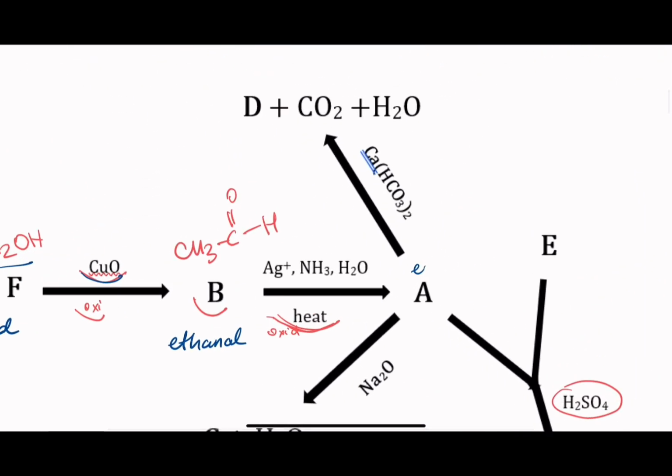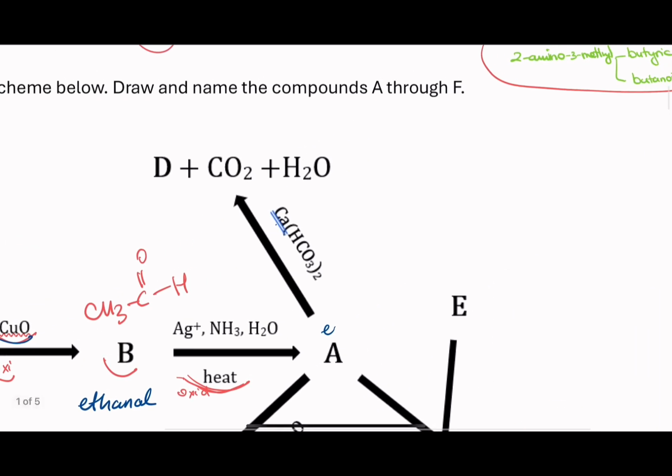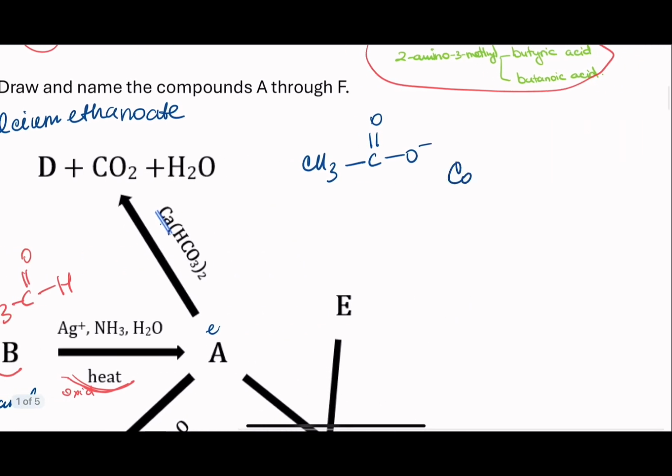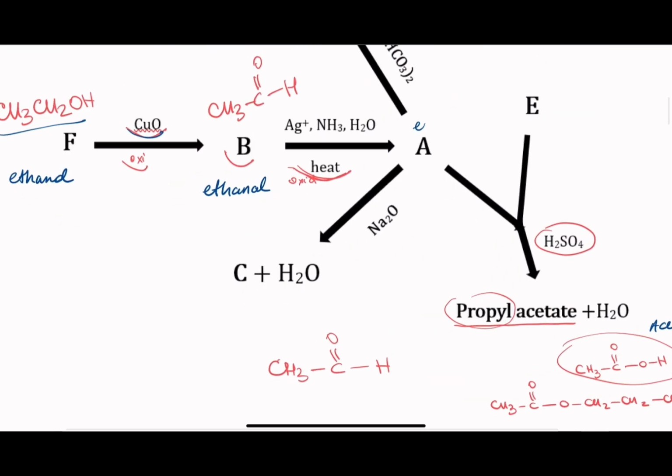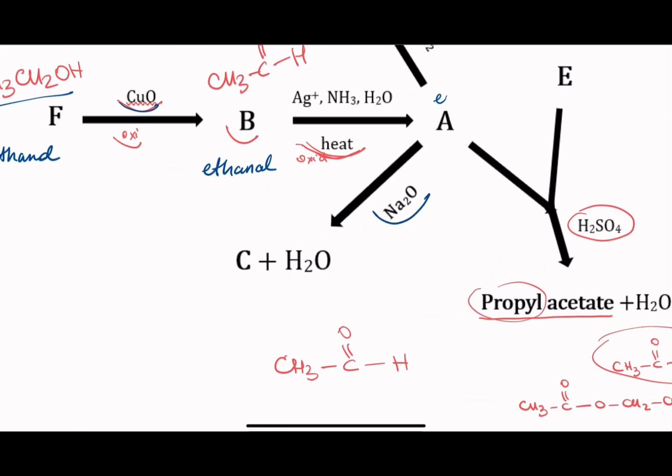And then here on top of this A, we add calcium bicarbonate. We know that we will make calcium ethanoate. And the way it will look like is (CH3COO) negative, with calcium 2+ and another CH3COO negative like this. Now, the last step in here is sodium oxide.